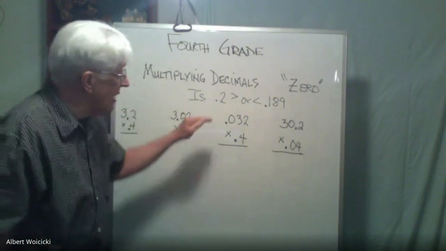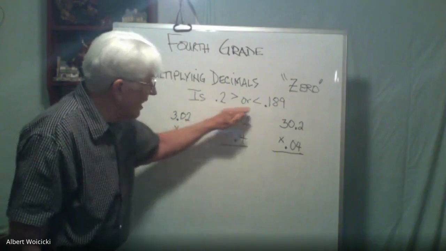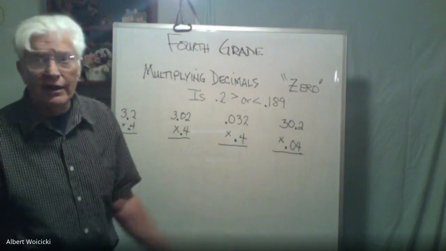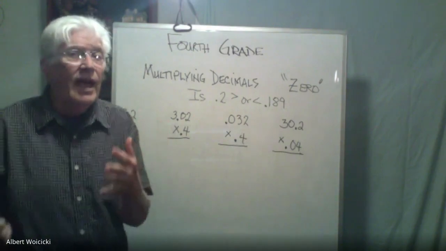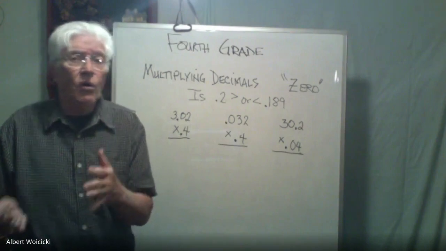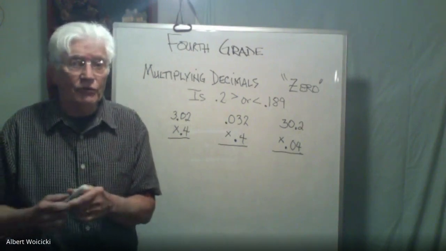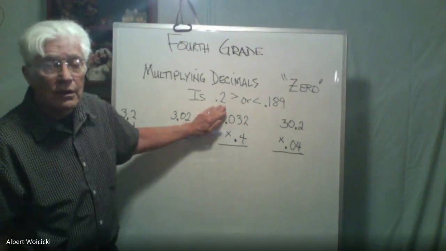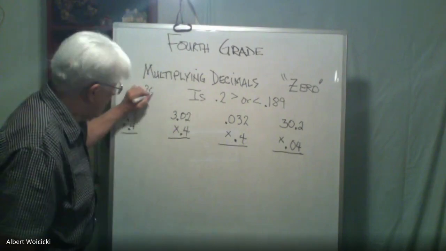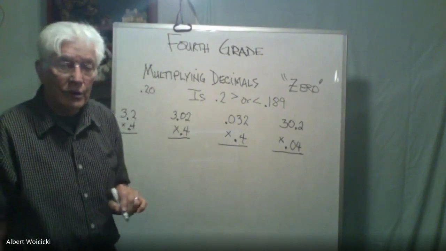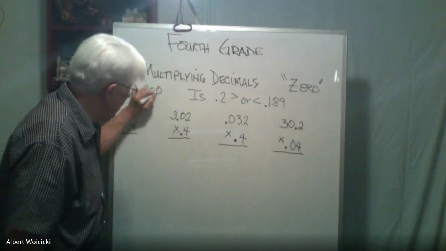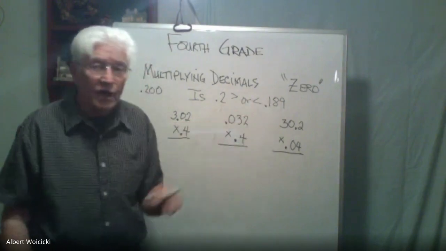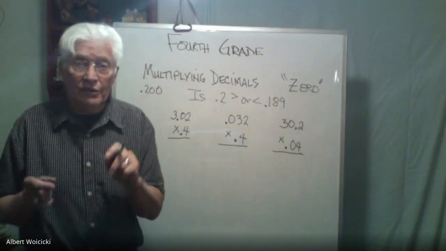Because if they say that 2/10 is less than this, because 2 is smaller than 189, then they have missed the boat on the whole idea of decimals. Because we know that this is 2/10, but it's also 20 hundredths, and it's also 200 thousandths, which is bigger than 189 thousandths.